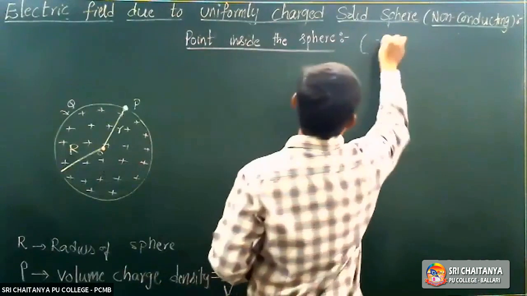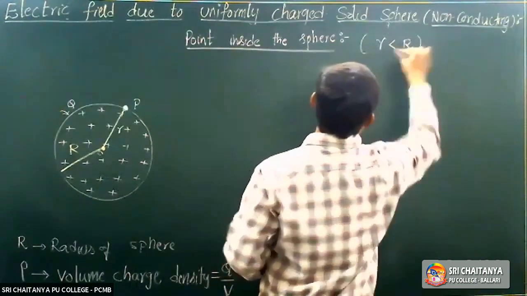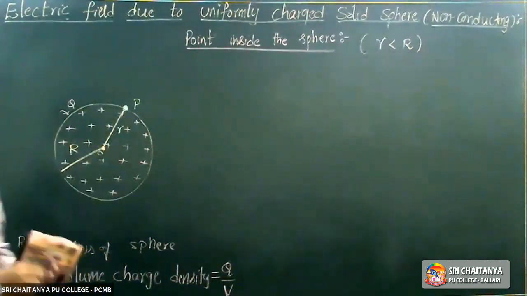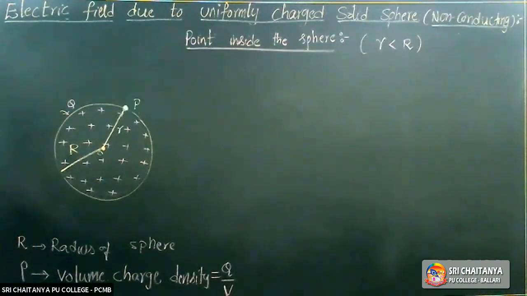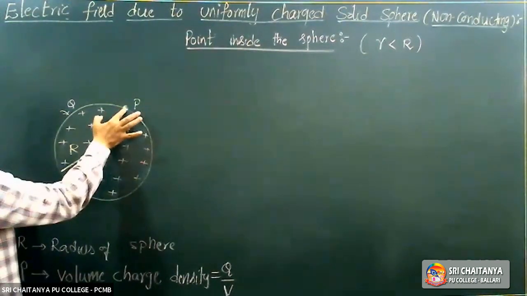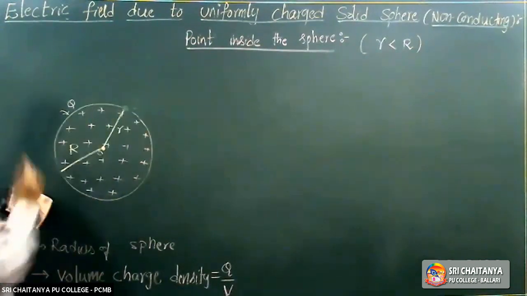The condition is what? r is less than R. Okay. See here. The point is inside. How is the diagram? Now the point is not here.